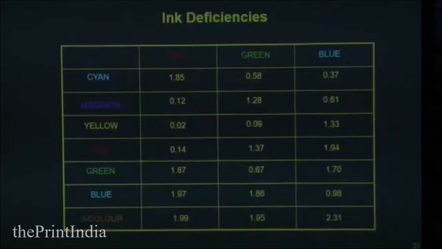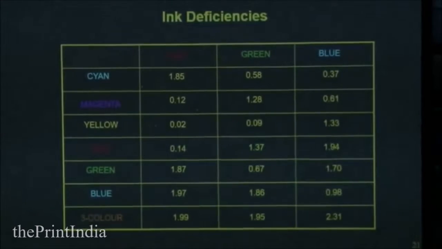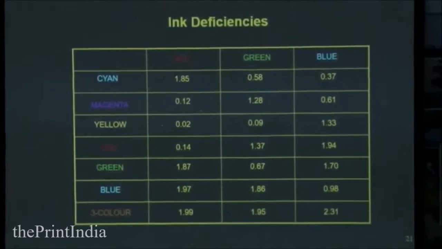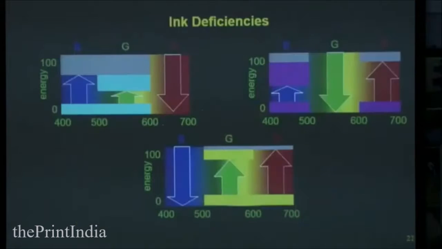Say there is cyan, magenta, yellow. You can also measure red, green, blue, 2 color patches and 3 color combination. When you measure through a densitometer, the densitometer will measure through red, green and blue filters, because back to basics. Yeah.